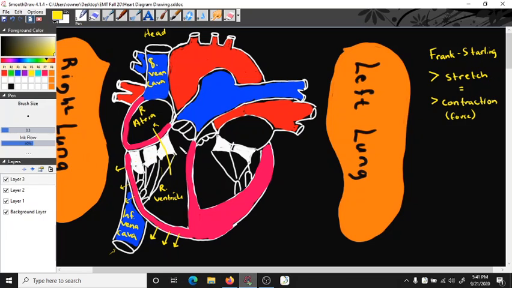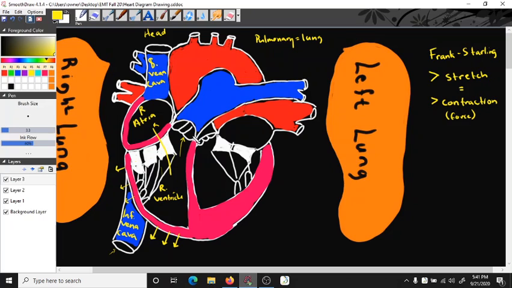So then all of that force is going to push open what we call the semilunar valve. And the reason they call it semilunar is because it looks like a half moon. That's what they thought when they first started dissecting people. So we're going to call it semilunar. And this is called the pulmonary semilunar valve. Remember that pulmonary means lung.